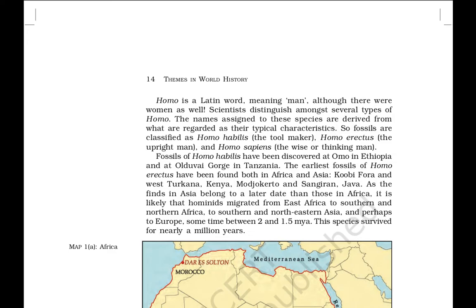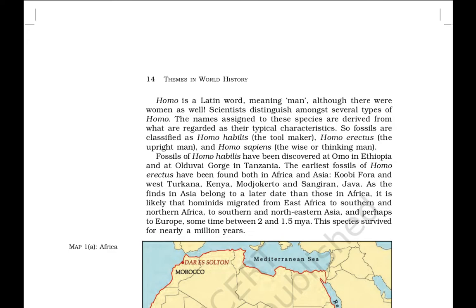Fossils of Homo habilis have been discovered at Omo in Ethiopia and at Olduvai Gorge in Tanzania. The earliest fossils of Homo erectus have been found both in Africa and Asia, at Koobi Fora and West Turkana, Kenya, and Modjokerto and Sangiran, Java.